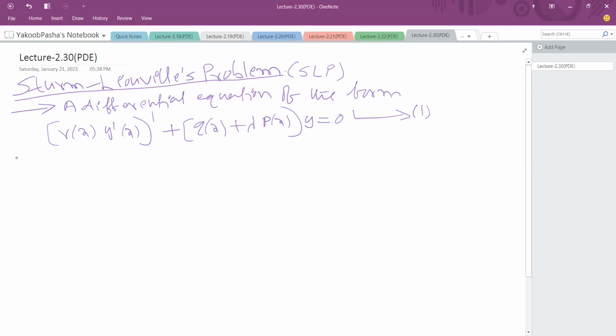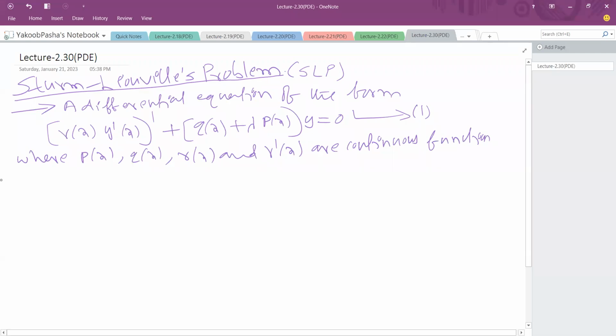where p(x), q(x), r(x) and r'(x) are continuous functions on the given interval.